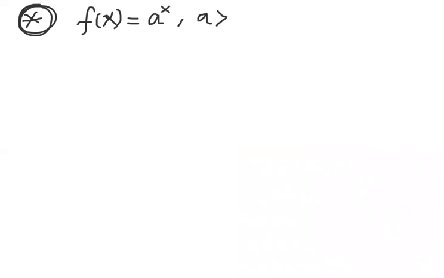So again, and also the graph in general, I give you the rules for the graph. If f of x equals a to the x, and a is positive and not equal to 1, when x belongs to the real numbers, then the graph must look like this.